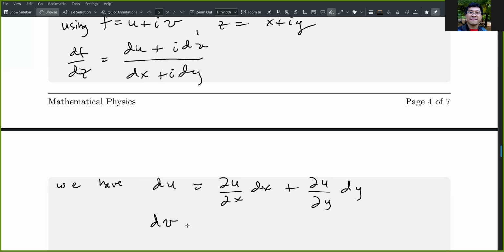Similarly, v being a function of x and y, dv is partial v with respect to x dx plus partial v with respect to y dy.